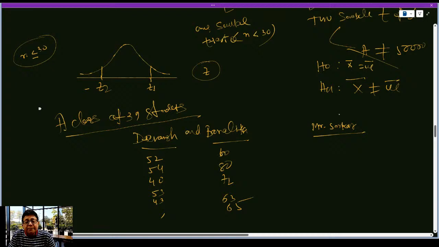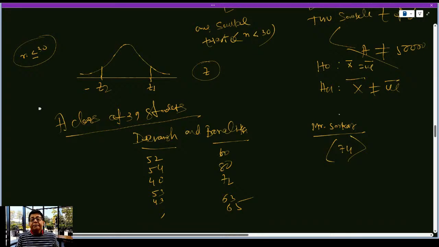And Devans is very smart, he can take it the way he likes. But if sampling is dishonest, if he has not followed whatever we did here, then that calculation may be wrong. And Mr. Sarkar on his own had seen that the class average is 74.